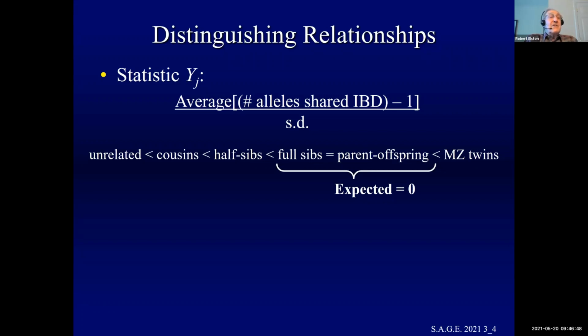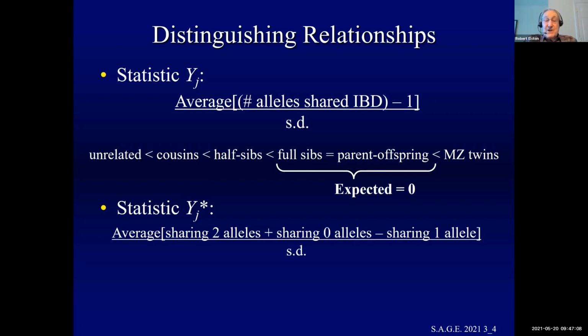Full SIBs and parent offspring will have expected value 0 and will be smaller than for monozygotic twins. So this statistic YJ can separate out everything, except it cannot separate full SIBs from parent offspring relationships.